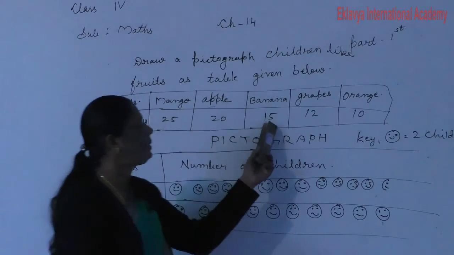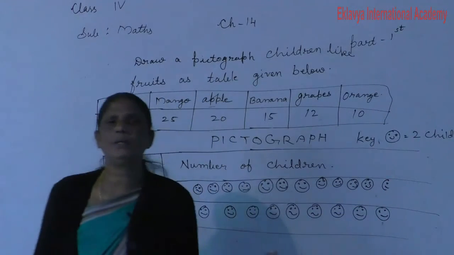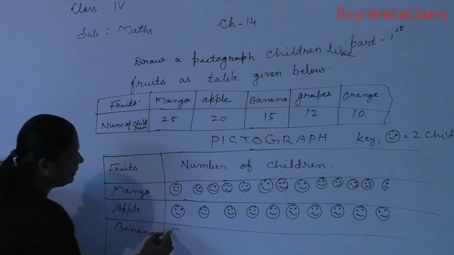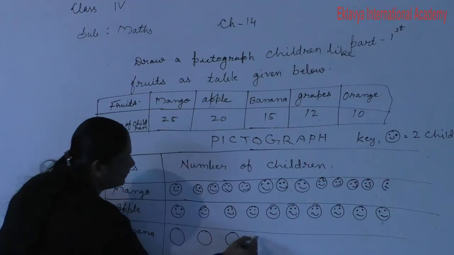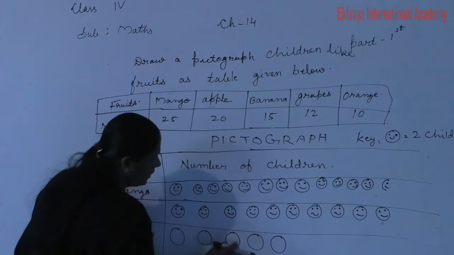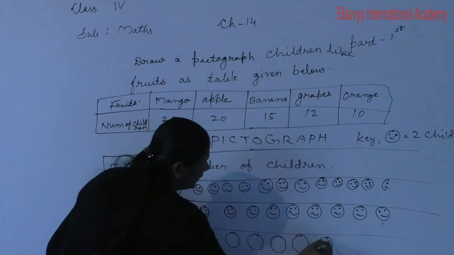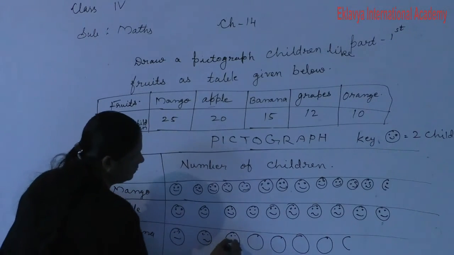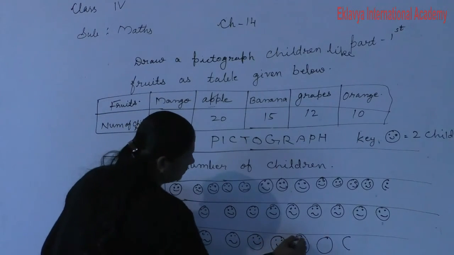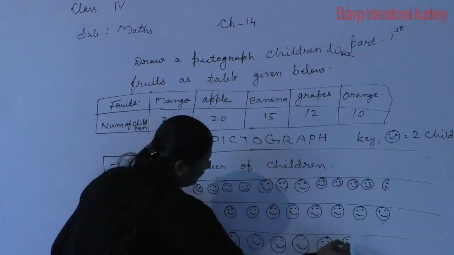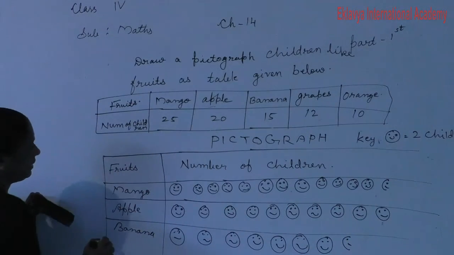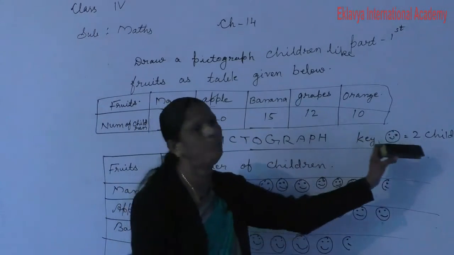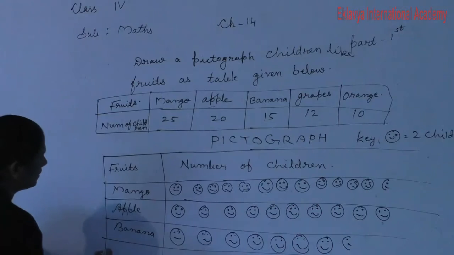Again 15 divided by 2. You get 7 in full, 1 remainder. Then you draw 7 smiling faces, and then half. Then next grapes. How many students? Again 12 divided by 2. You get 6.